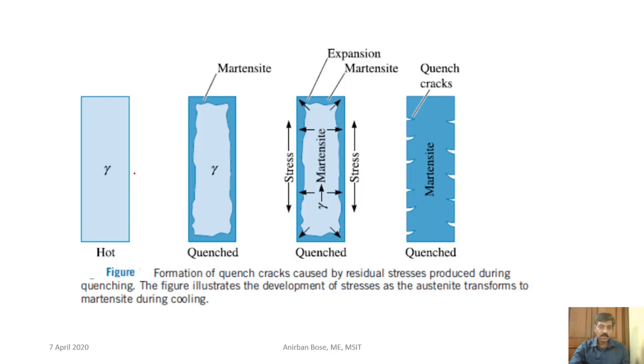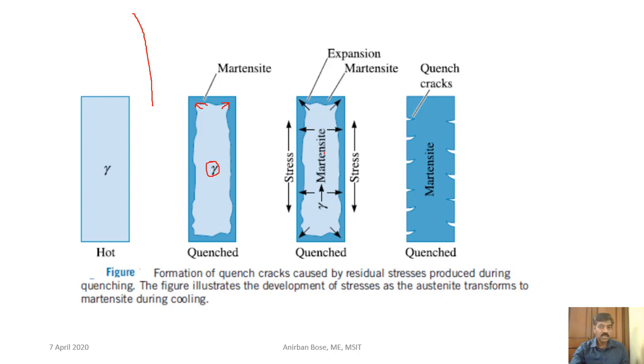Here the process of quenching has been shown in detail. Since you are cooling it very fast, the cooling rate at the outer surface is very high, so martensite forms there first, and the inner portion is still austenite. Then, when this austenite tries to convert into martensite, it pushes on the martensite, so the outer surface martensite is under tension, whereas the inside austenite is under compression.